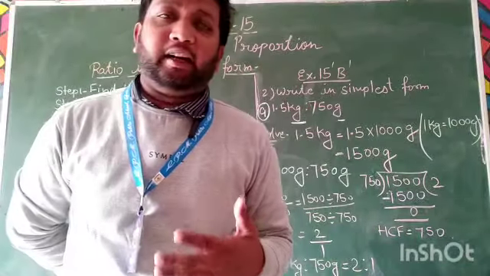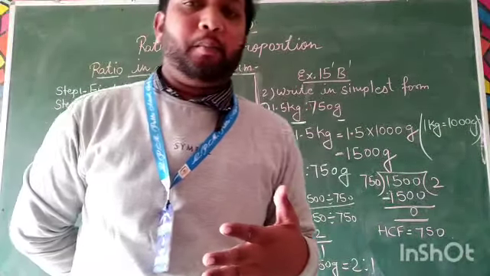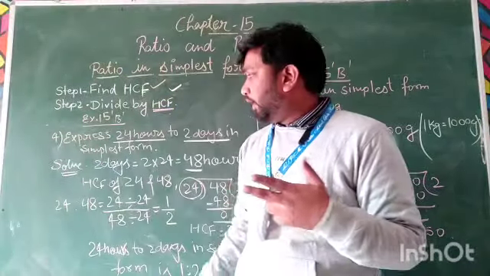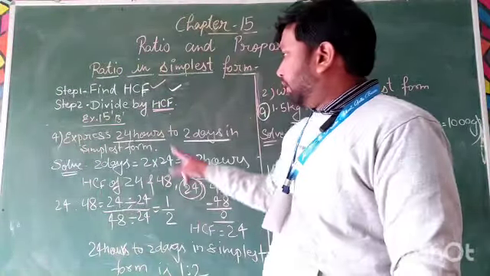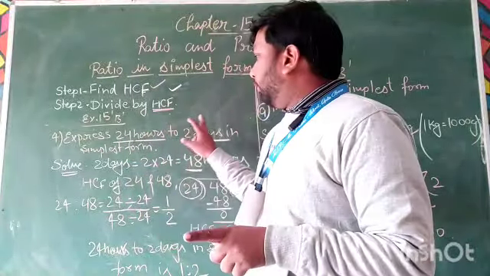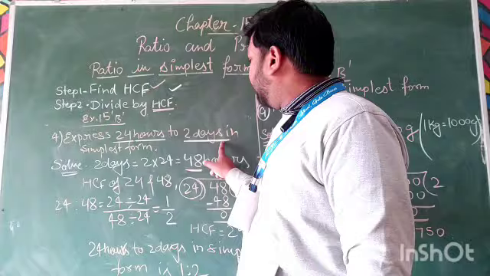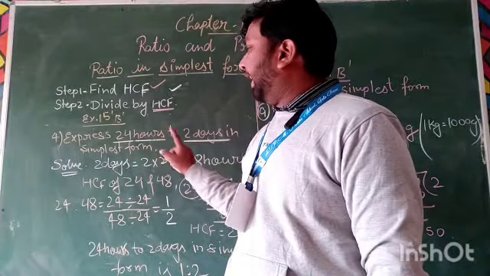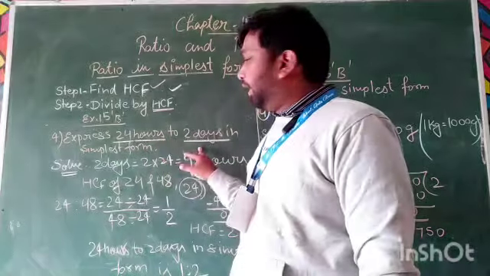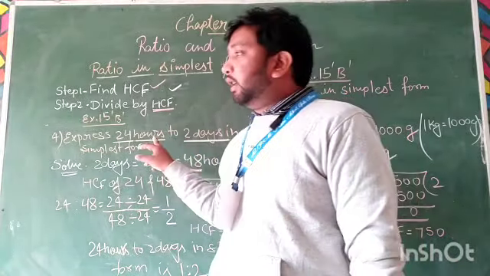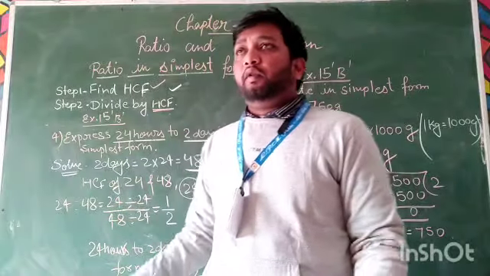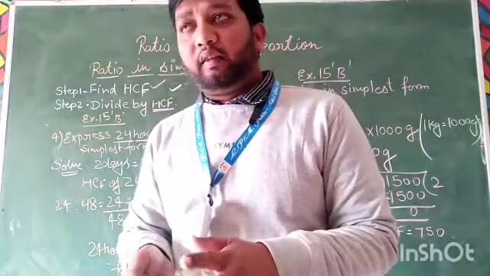To write the ratio in simplest form, there are two main steps which we have followed. First, the main condition is we convert both the units to the same. The units must be the same. Here the unit of time is hours and here the unit of time is days. So the units cannot be different.